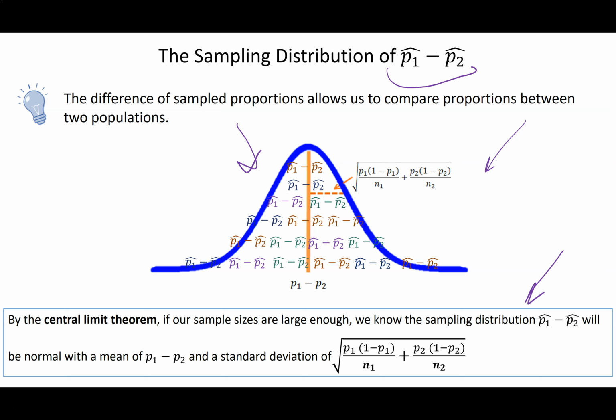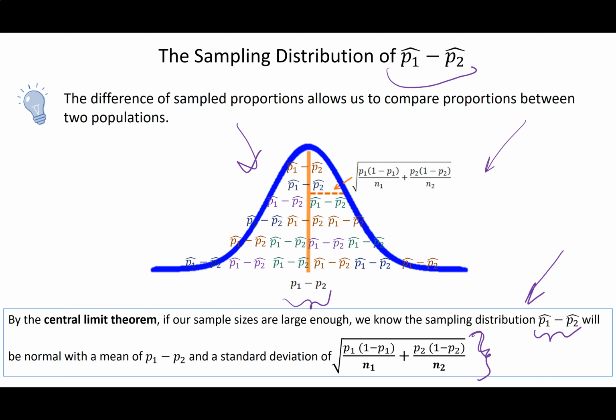It tells us that the sampling distribution of p hat 1 minus p hat 2 is going to be roughly normal. It's going to be centered at the actual value of p1 minus p2, so whatever the difference in proportions really is between the populations, with a standard deviation that is a little bit longer than it was before.